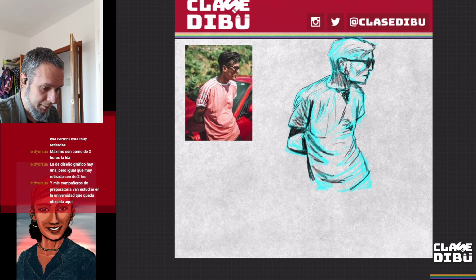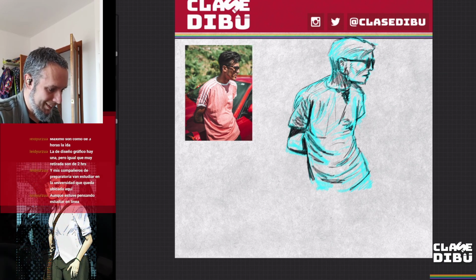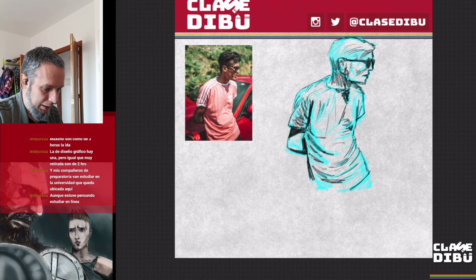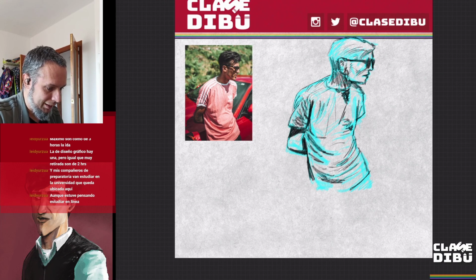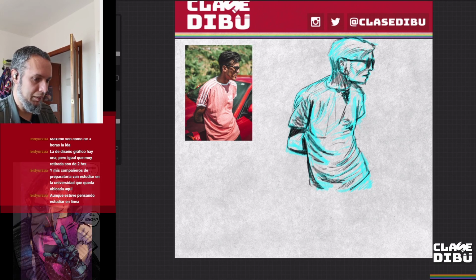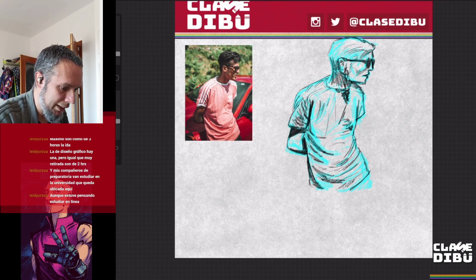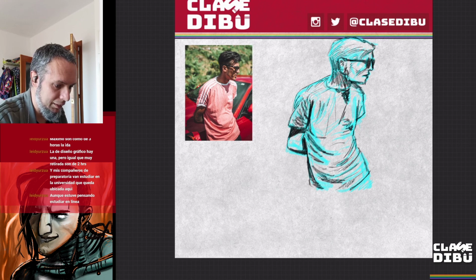Yo no hice Bellas Artes, por ejemplo. Me quitaron las ganas, porque en la zona donde vivo, que es Sevilla, decían que toda la formación era muy clásica en Bellas Artes, muy de santos, de dibujar santos, que si la imaginería religiosa estaba muy metida, que si no sé qué.